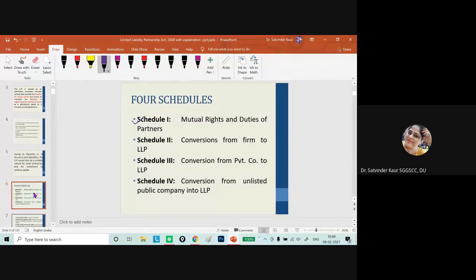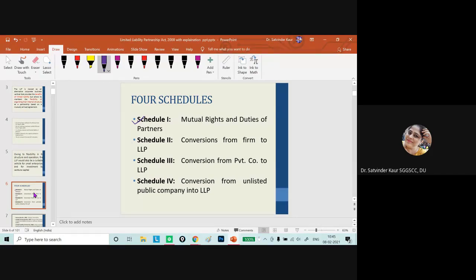If the articles of association are silent about certain things, then reference can be taken from the law. Similarly, in the Limited Liability Partnership Act, if the LLP agreement remains silent on certain points, then Schedule 1 of the LLP Act will be applicable, which talks about the mutual rights and duties of the partners.